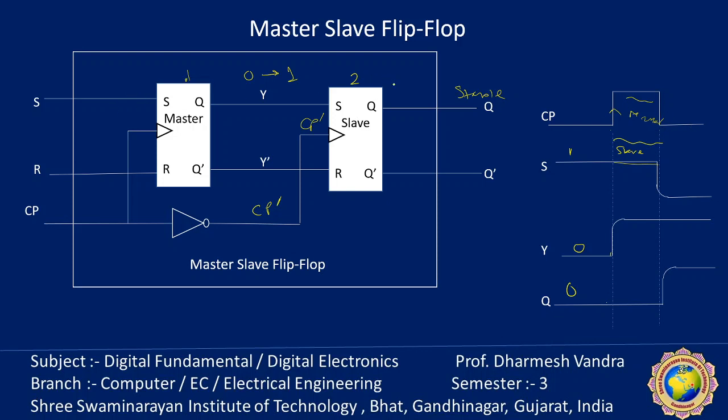Because whatever the Q feedback is, it does not affect the inputs S and R. So whatever the condition of Y, it does not affect Q, because the slave is disabled. But once the clock pulse changes from 1 to 0, the slave becomes enabled. So when the clock pulse is 1, the master is enabled. When the clock pulse is 0, the slave is enabled.